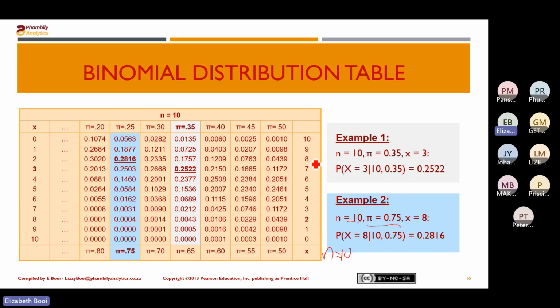And then we're going to read the table from this side and get to 8, because you can see that the X values from the bottom table read from the bottom and go up. So that will be 8, and that answer will be the probability of 0.2816.